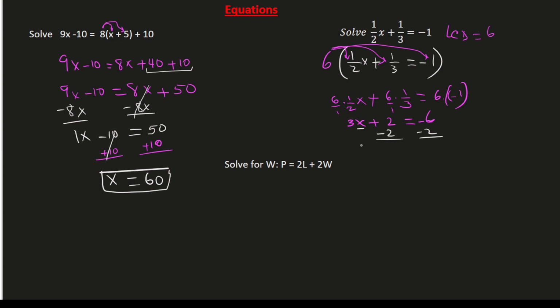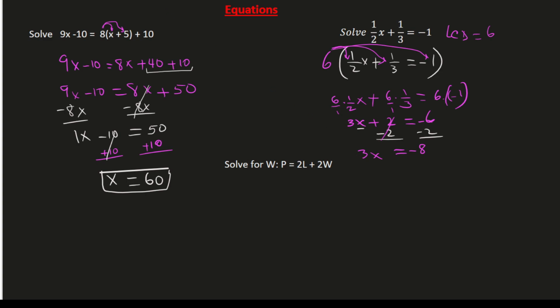So I'm going to bring down that 3x. We have 3x here, this is 0, and I bring down the equal sign. Equal -6 minus 2 is -8. And now let's solve for x.